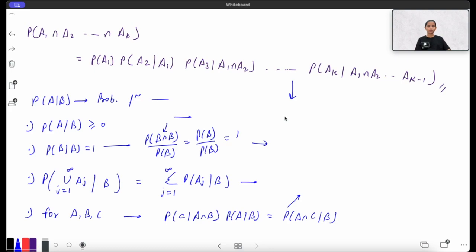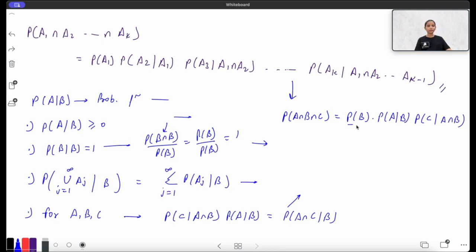multiplication rule of probability, which is, let's say I'm having three events and we are finding the simultaneous occurrence of these three events, that is A intersection B intersection C. So we are just saying the probability that B has already occurred, into the probability of happening of event A when B has already occurred, into the probability of happening of event C given that A and B have already occurred.